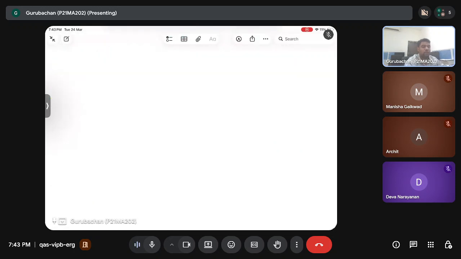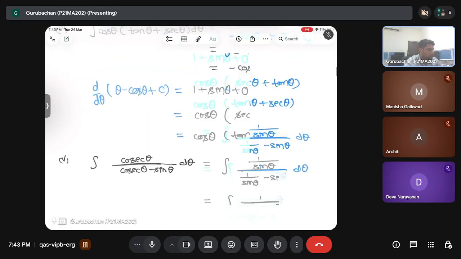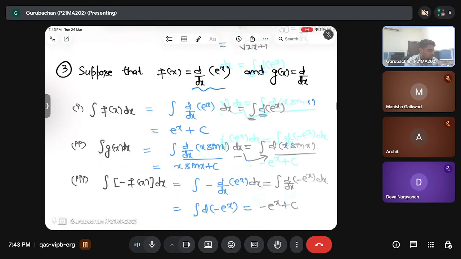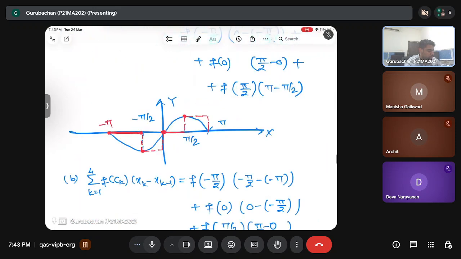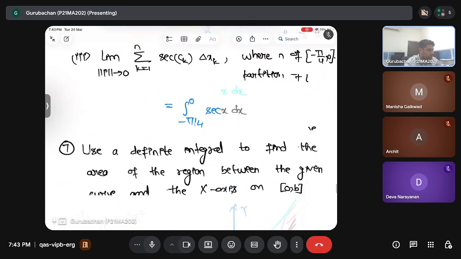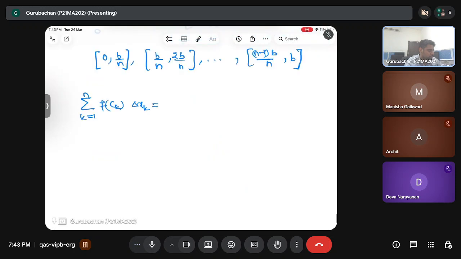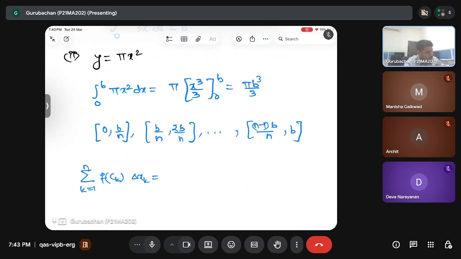So what is f of ck? When you substitute ck in the function, what will it give you? Summation k = 1 to n, this will give you pi of ck square into pi.